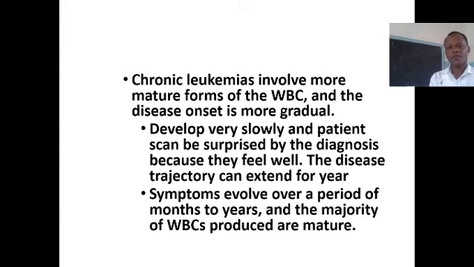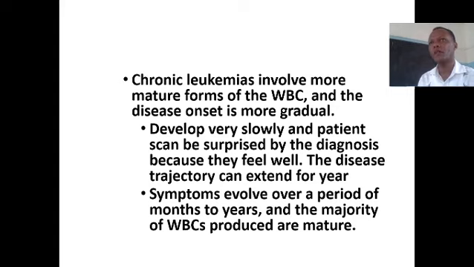Chronic leukemia involves more mature forms of the white blood cells, and the disease onset is more gradual. It develops slowly, and the patient can be surprised by the diagnosis because they don't feel any signs and symptoms.